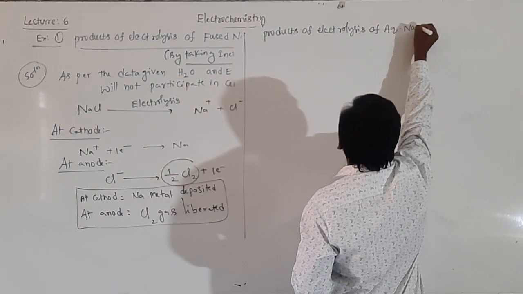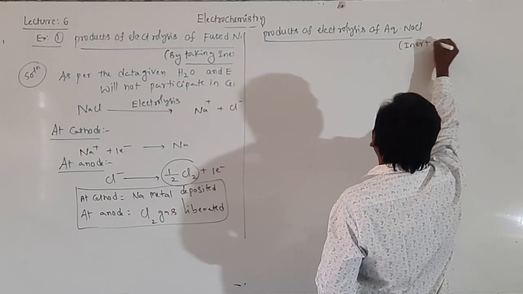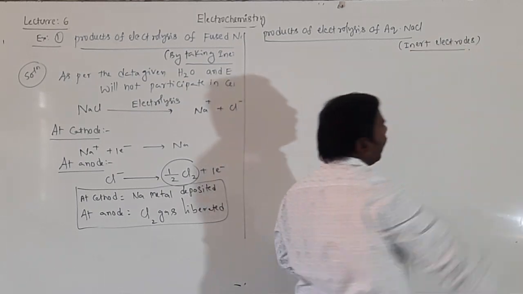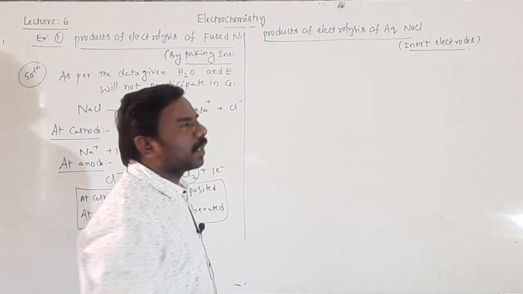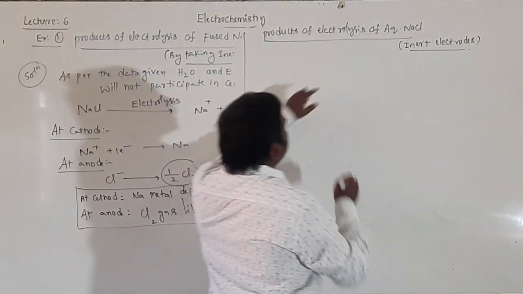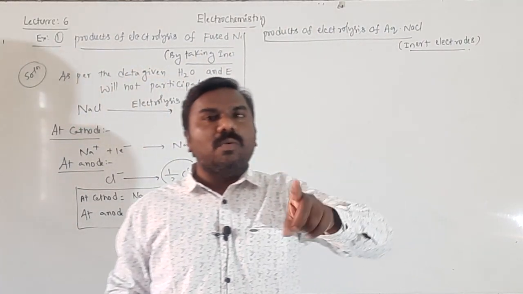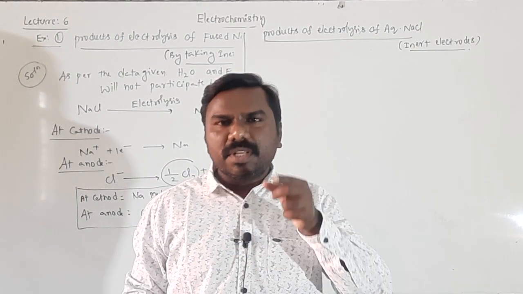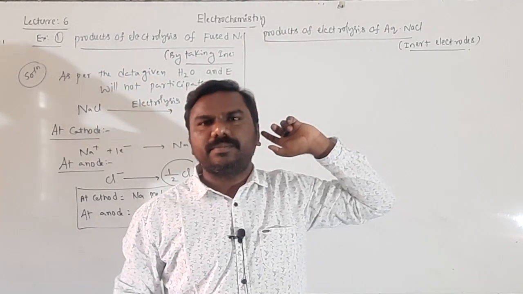Here also the condition is that inert electrodes are taken, not reactive electrodes. It's very important. Now observe clearly, students. Aqueous means water is available, and water also participates in the cell reaction. It means there is a competition between water and NaCl.